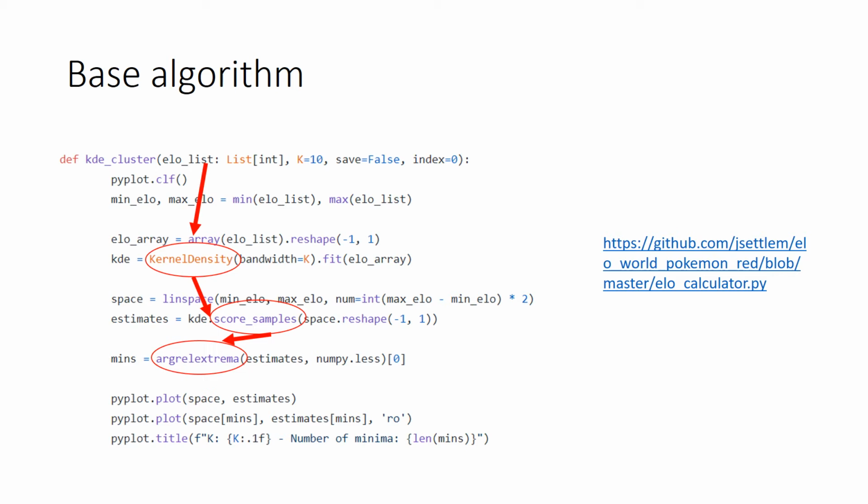He then puts the KDE, kernel density estimate, into the function score samples that will give him values in the space that he called space. And then he found the minimum using arg_rel_extrema, and then he plotted this on a matplotlib graph.